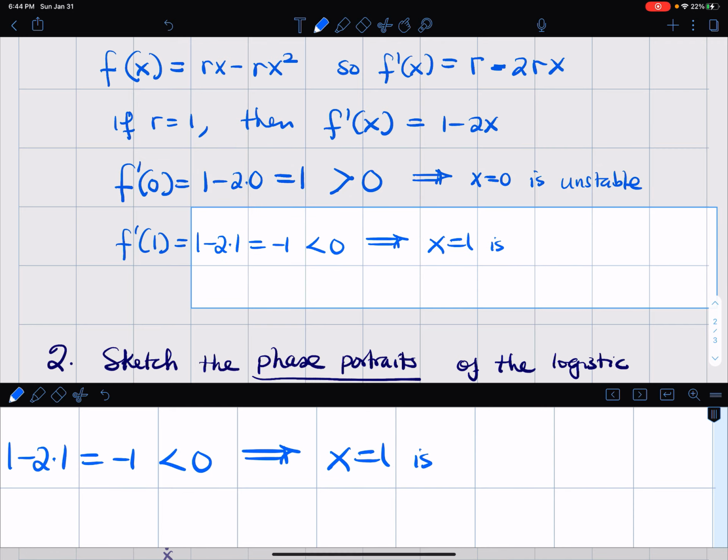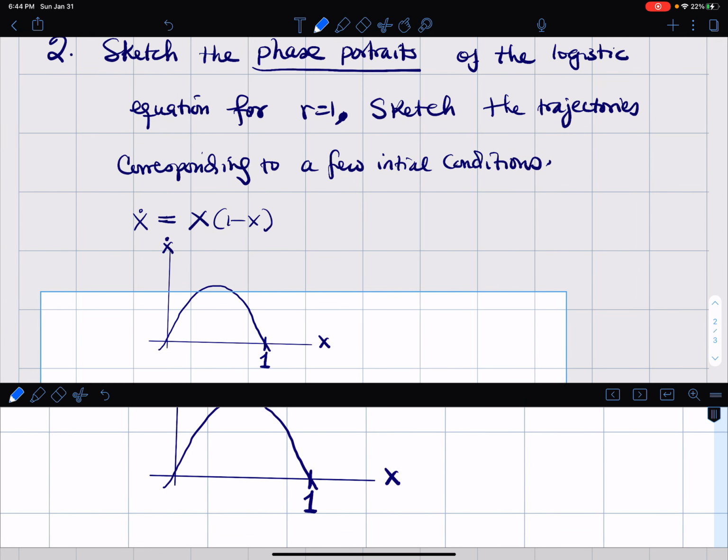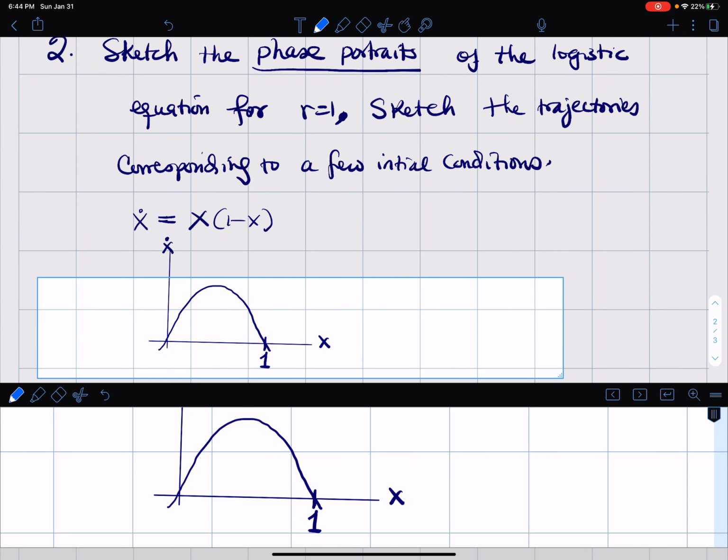Sorry. Because when it's greater than 0, it's unstable. When it's less than 0, it's stable. Okay. So what do we have? This is stable. We're going to put a filled dot there. This is unstable. We're going to put a circle there.